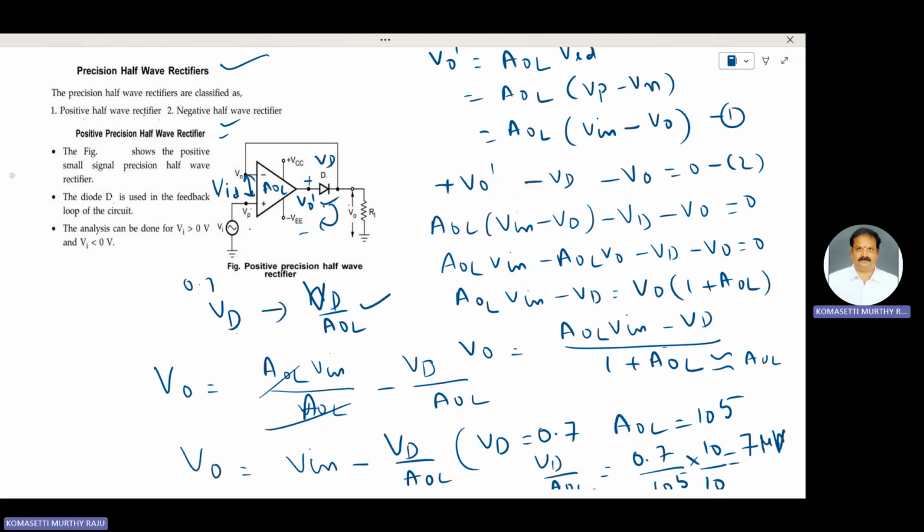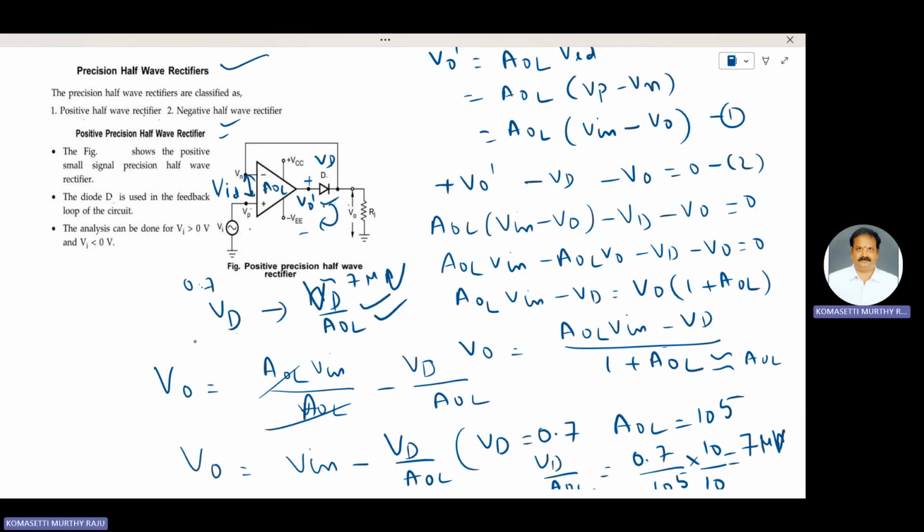VD is 0.7 volts for silicon. Here it is 7 microvolts. In a conventional rectifier, the diode D does not conduct up to 0.7 volts. Here, even for very small voltages, the diode D conducts. Therefore, rectification is done even in the millivolt range.